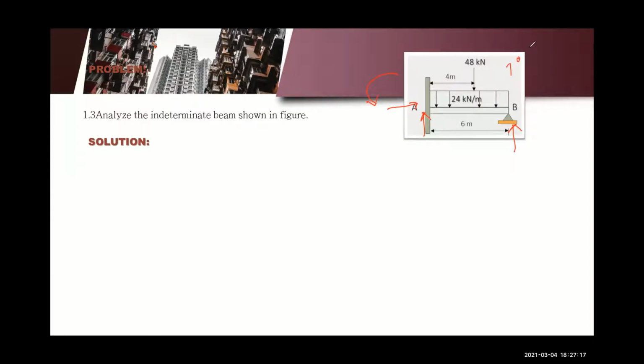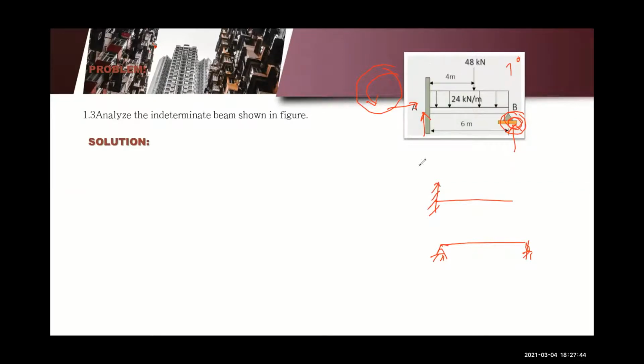Now, as a redundant, we need to remove one reaction. Now, here you have two options. You can remove the support B, so you will be left with a cantilever beam. Or you remove the moment, and you will be left with a simply supported beam. Now, in my solution, I remove the support B. That's what I did.